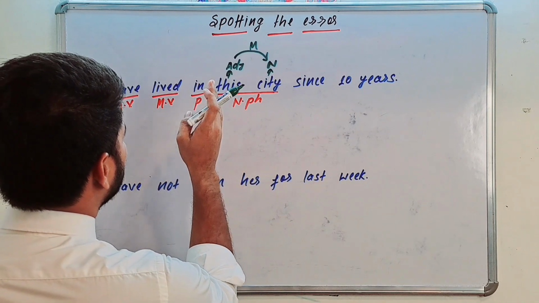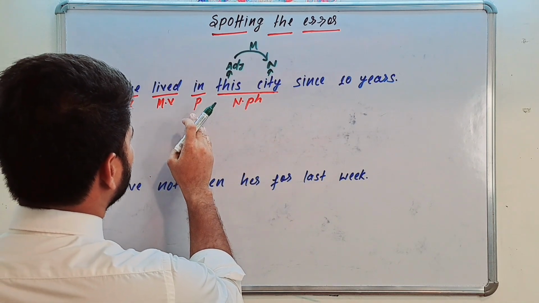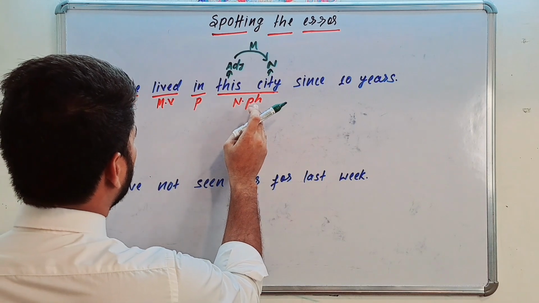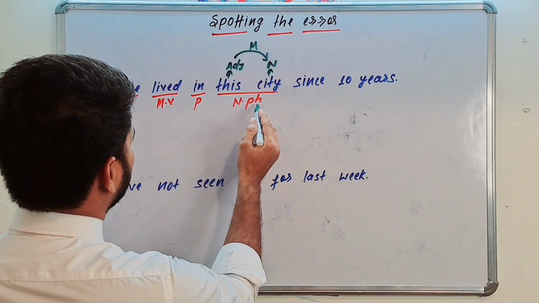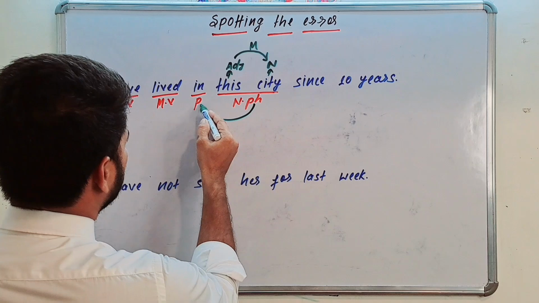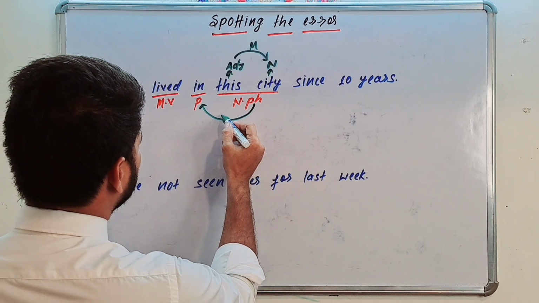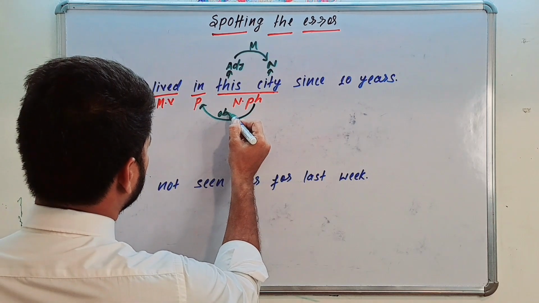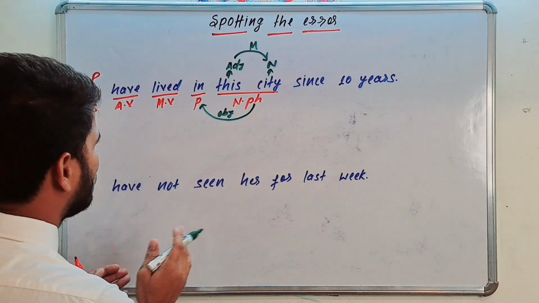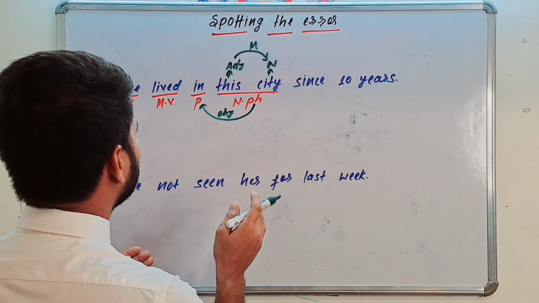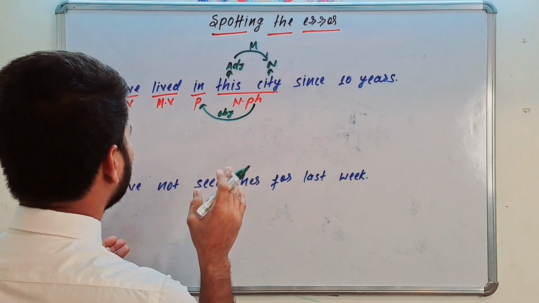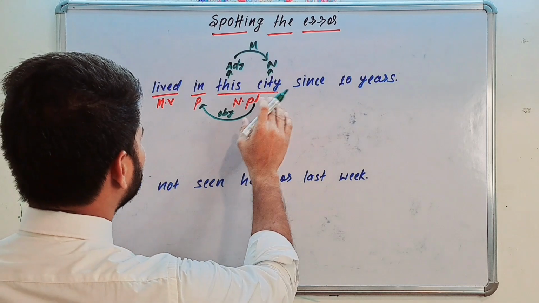Here the preposition is used before this noun phrase, so this noun phrase is an object of the preposition. I lived in where? This city.